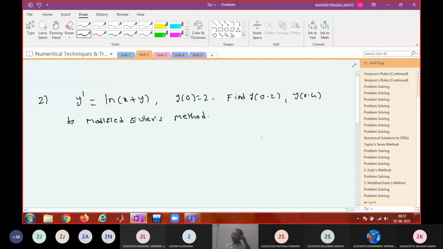Okay, so just find these two. I hope you understand the formula. Write the formula quickly, substitute the values and tell me. Always use the ln button. Even if I write log, understand it as ln.